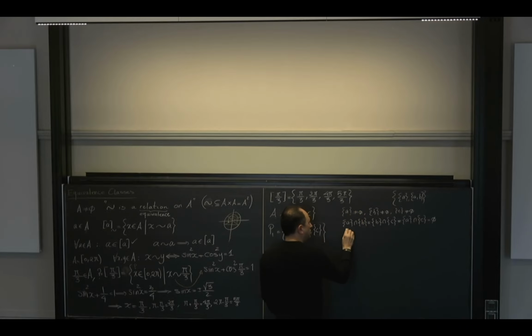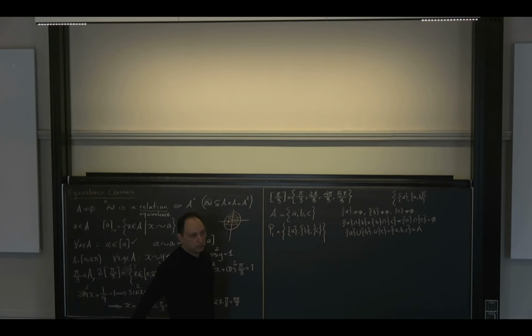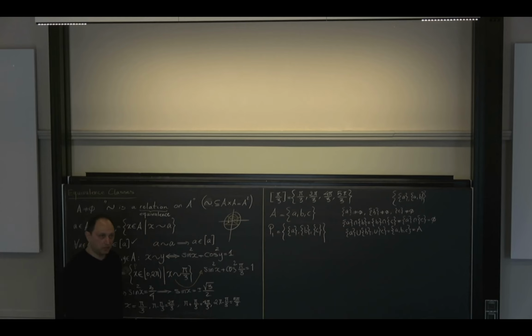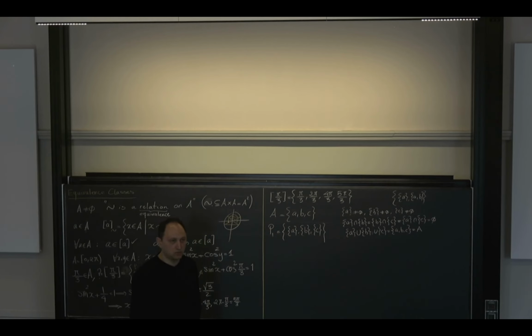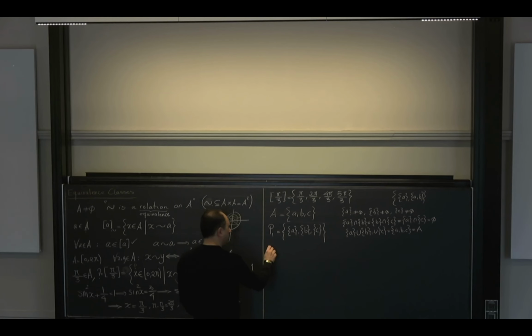And if I union all of them, it becomes {a, b, c}, which is my original set. So then I can say that this is one partition. Yes, can you give me another? The exercise is asking you to write all partitions. So what is the other partition, for example? Do you think this is a partition?